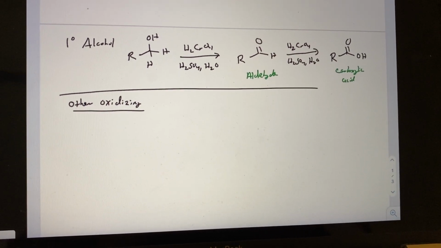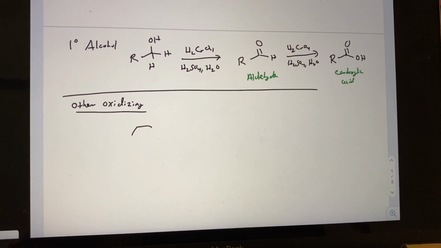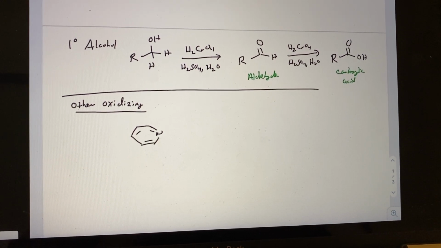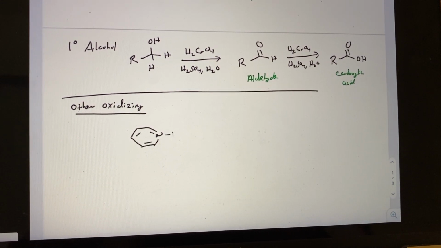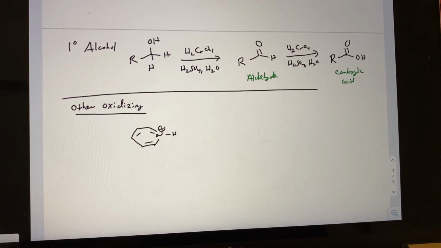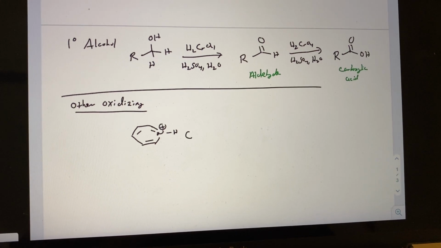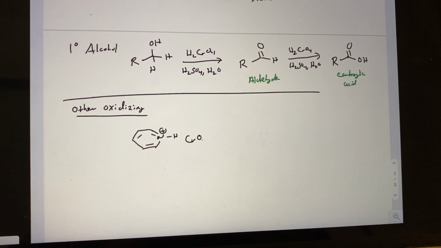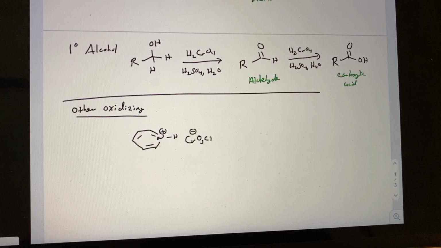So we need to use something else to actually oxidize the aldehyde. And there are two common reagents that are used. One of them, two common reagents that are variants of that Jones reagent, uses this species here, which is the conjugate acid of pyridine, or pyridinium, CrO3Cl, a salt.